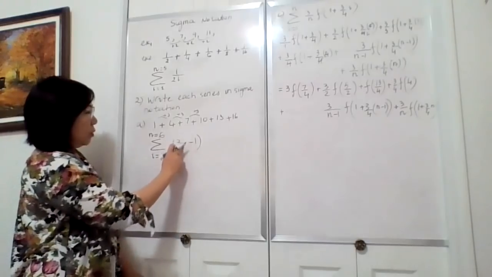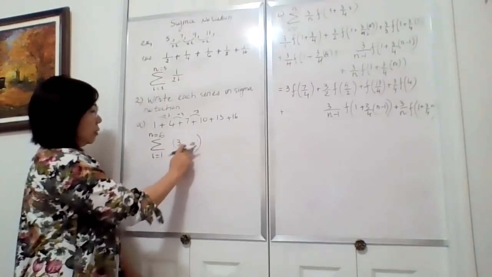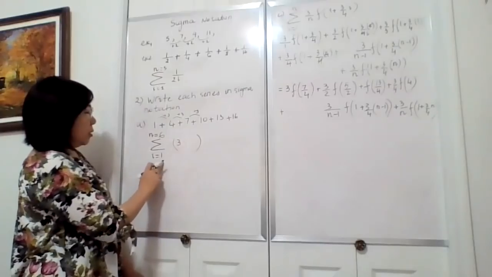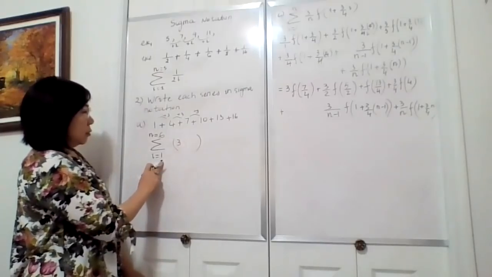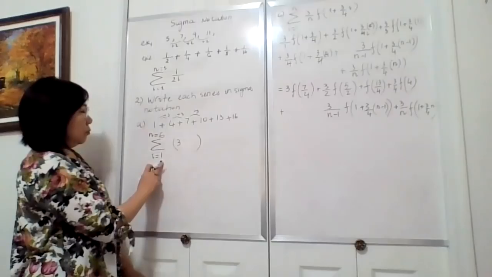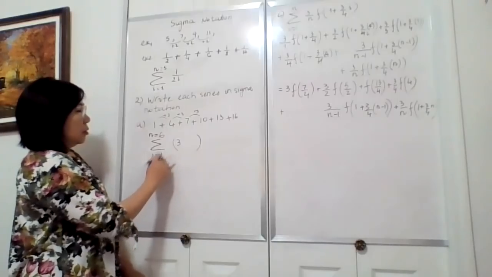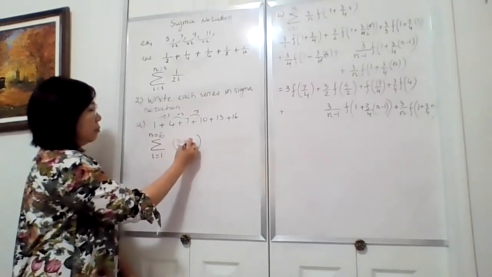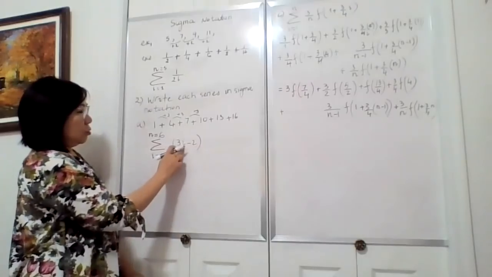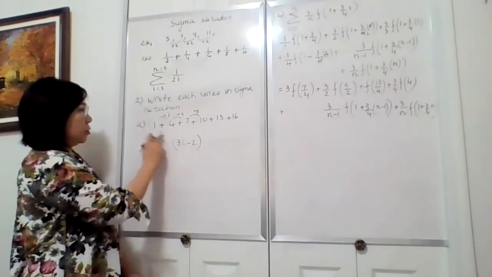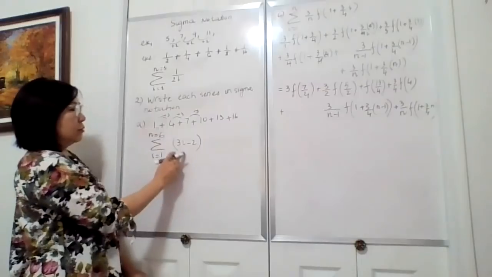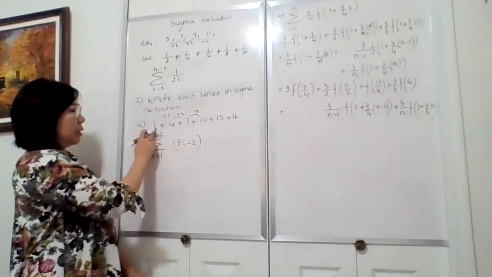So how are we going to get to 1? If i equals 1, 3i, okay, what about 3i minus 2? So 3 times 1 is 3, 3 minus 2 is 1. Okay, it seems to be okay, right?